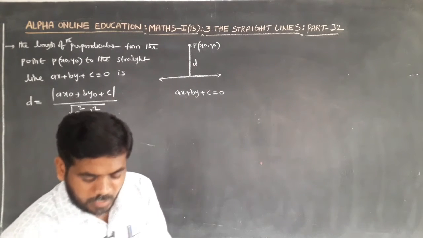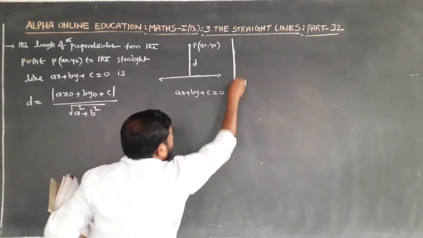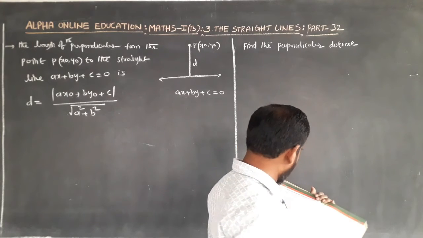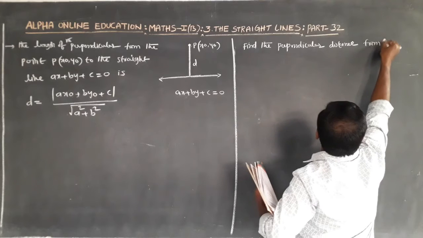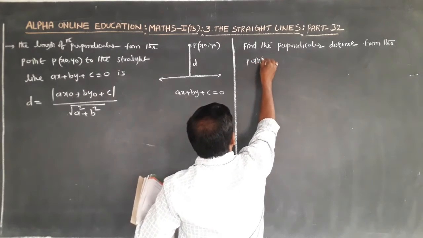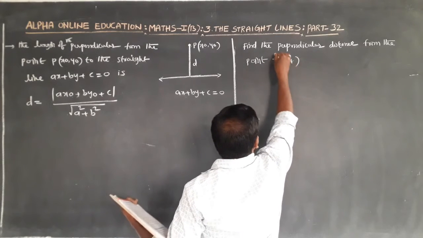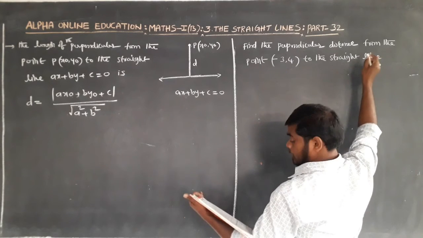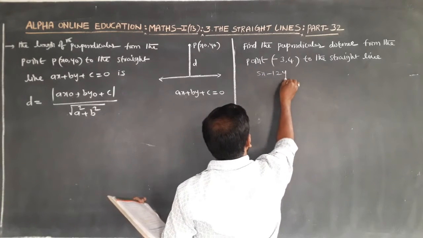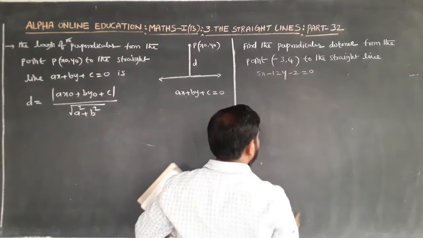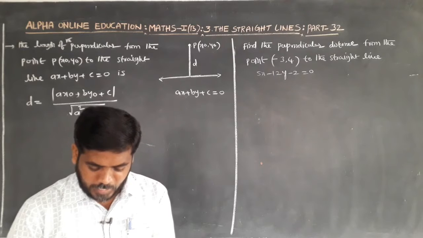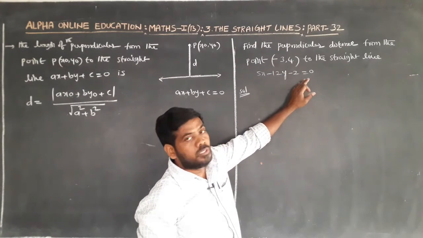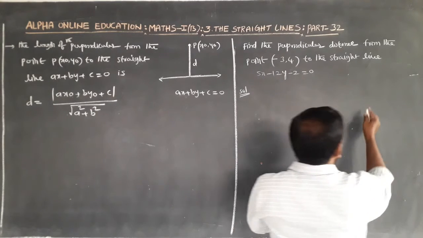Find the perpendicular distance from the point (minus 3, 4) to the straight line 5x minus 12y minus 2 is equal to 0.